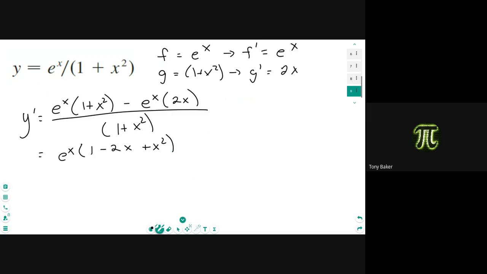Most of you just left it like that, which is fine. This is one of those ones that, actually, I forgot to spread there. First thing is I cannot cancel that and that, or that and that, because it's not multiplication.